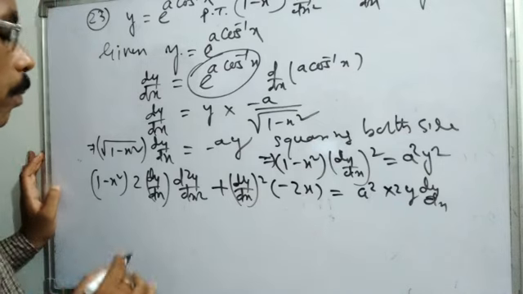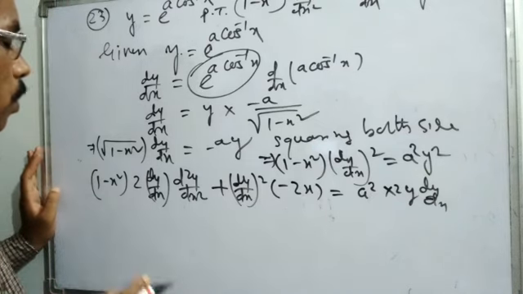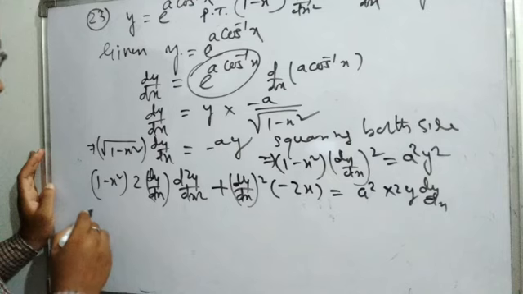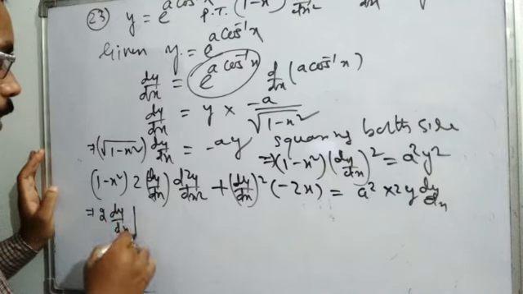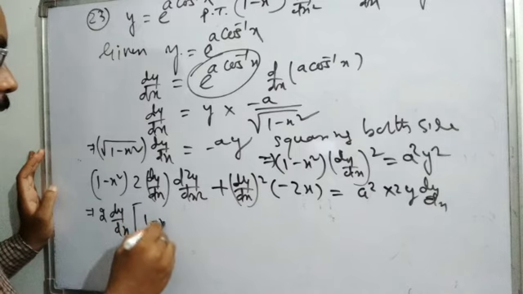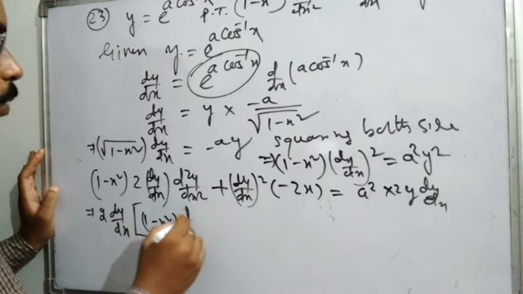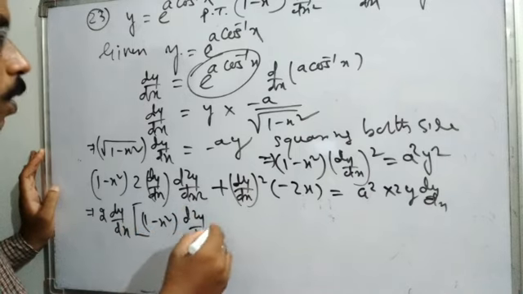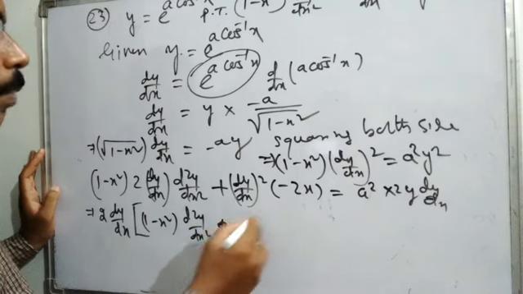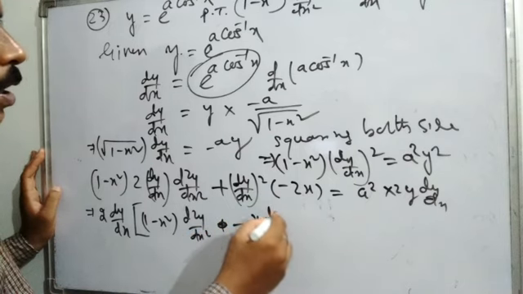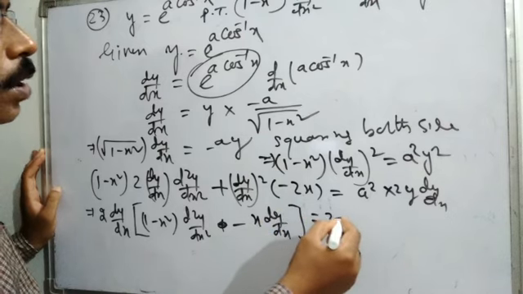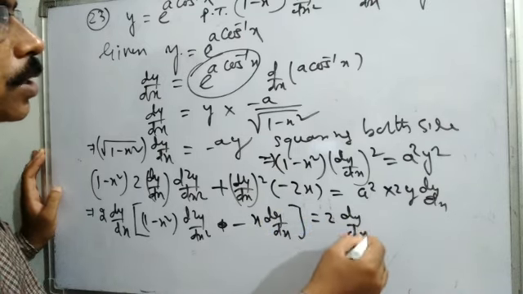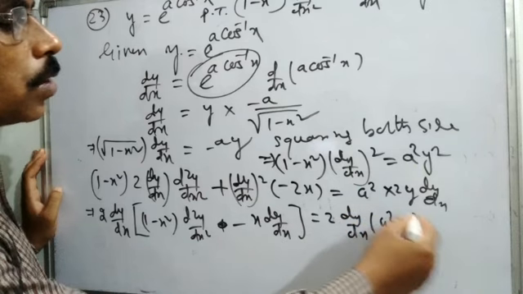Now you can take 2 into dy by dx common from both the LHS portion and RHS portion. So the remaining part will be (1 minus x square) d2y by dx2 plus minus x dy by dx is equal to, again taking 2 dy by dx common, a square y.